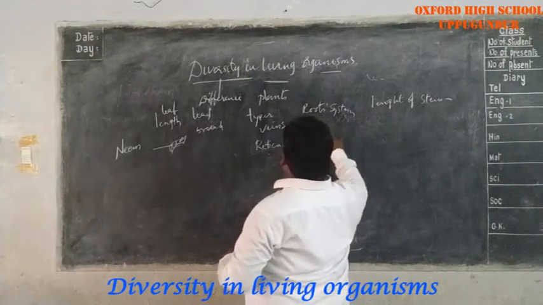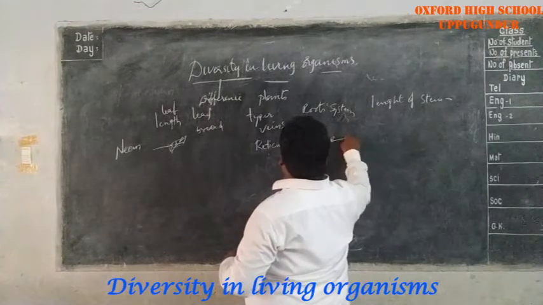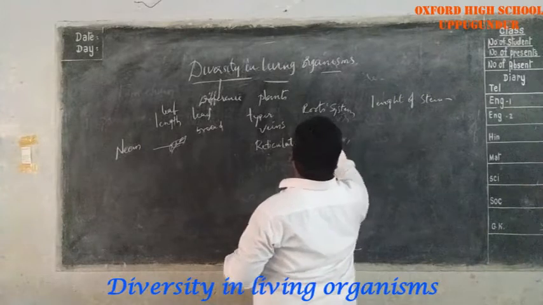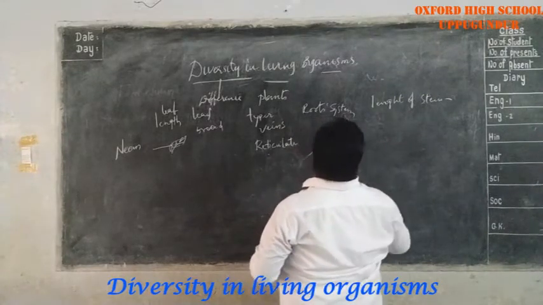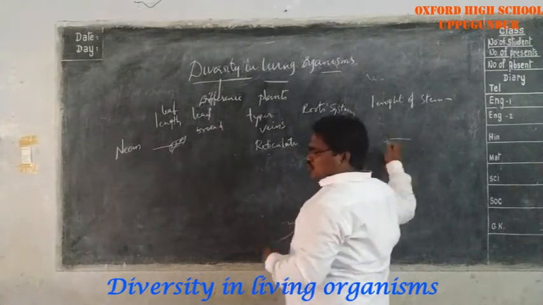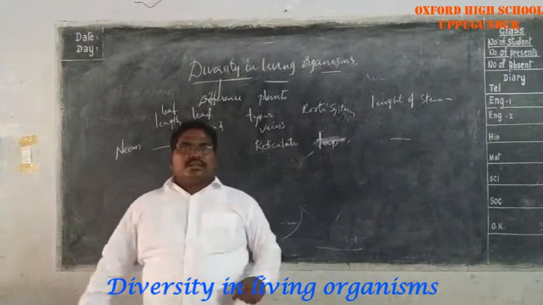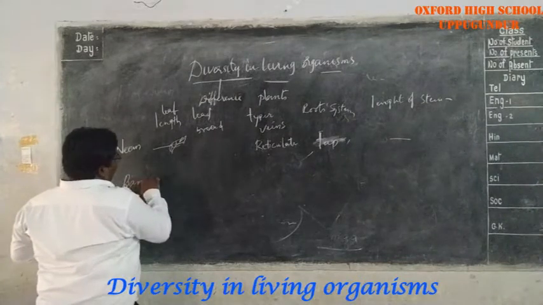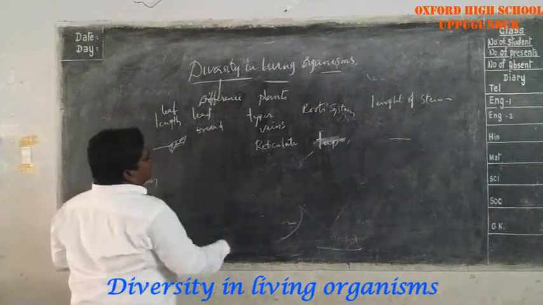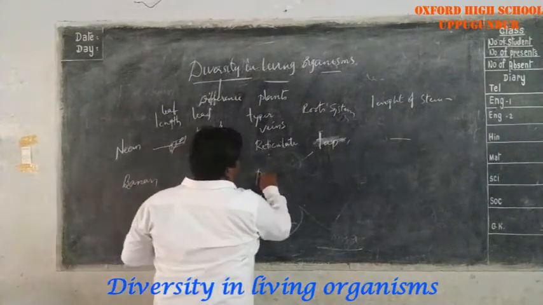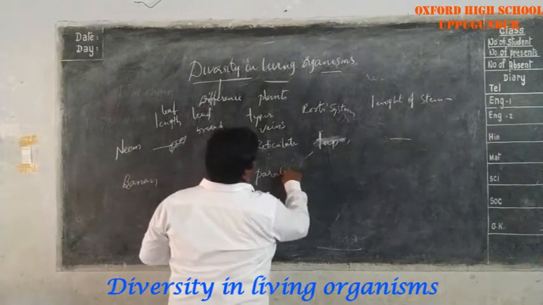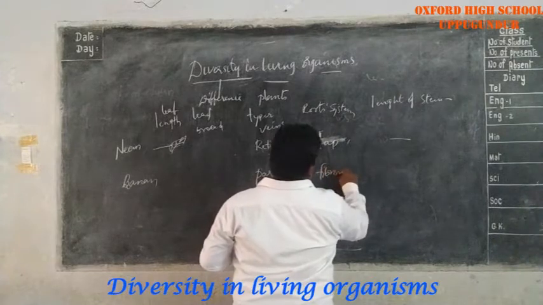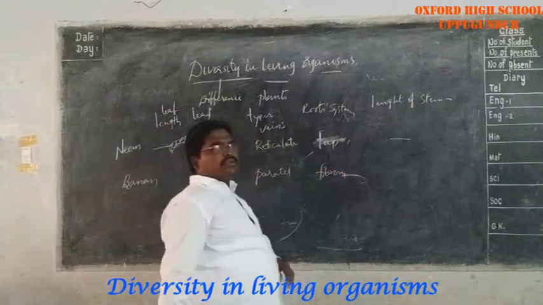The root system is the tap root, not fibrous. Length of the stem differs. And another one, here we will take banana. Venation is parallel venation. The root system is the fibrous root system. Monocot.